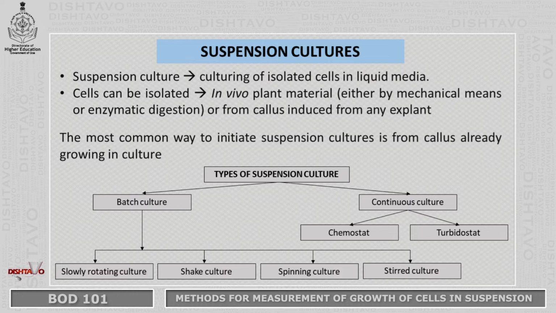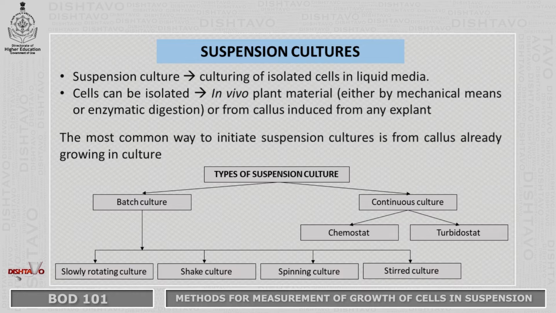The batch cultures are further categorized into four types: slowly rotating culture, wherein single cells or cell aggregates are cultured in a specially designed nipple flask; and shake cultures, which are considered a very simple and effective means of culturing cells, wherein a fixed volume of culture medium is placed in a conical flask mounted with the help of clips on a horizontal orbital shaker.